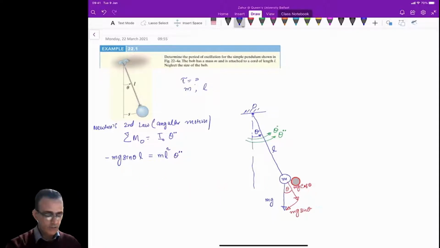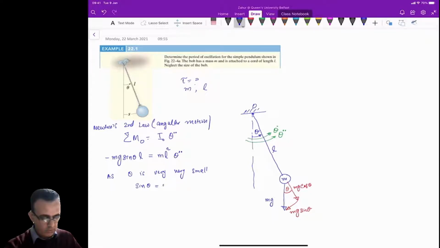Okay, so in this case, because theta is very, very small, we can assume that sine theta equals theta and cos theta equals 1.